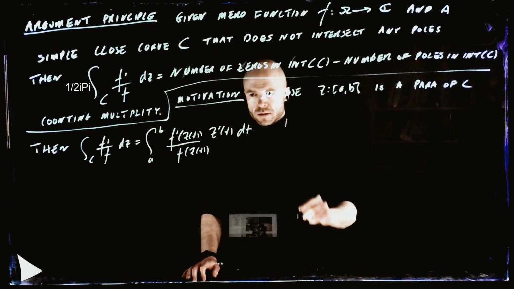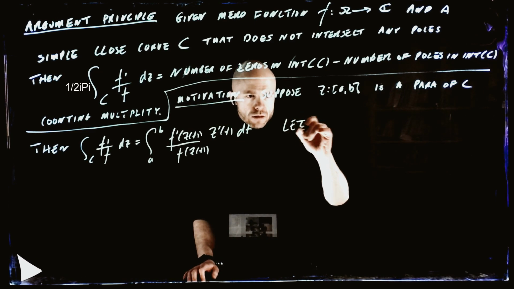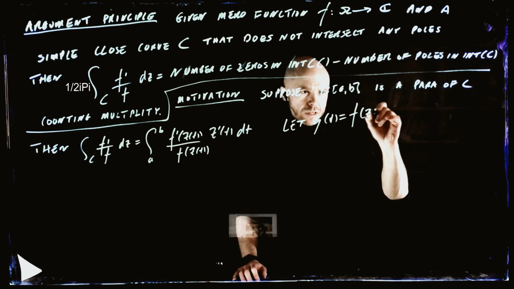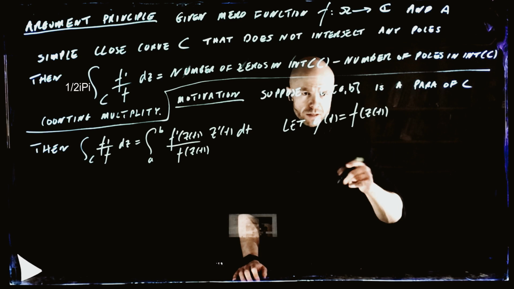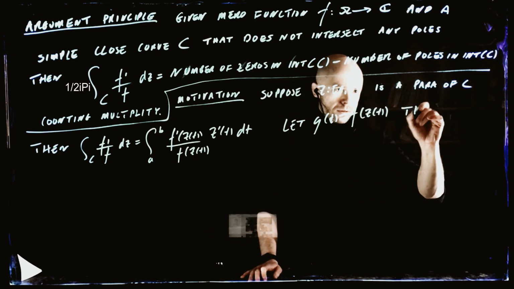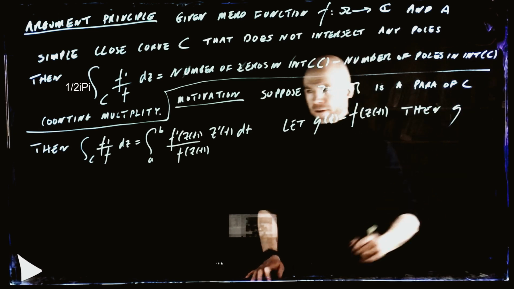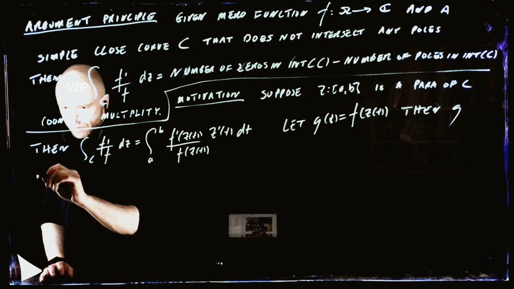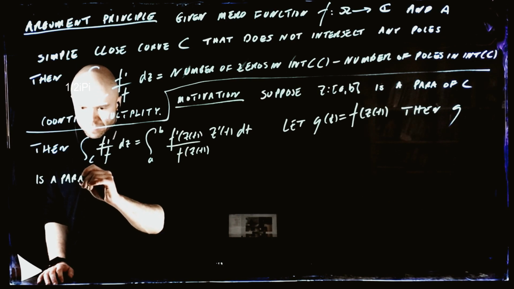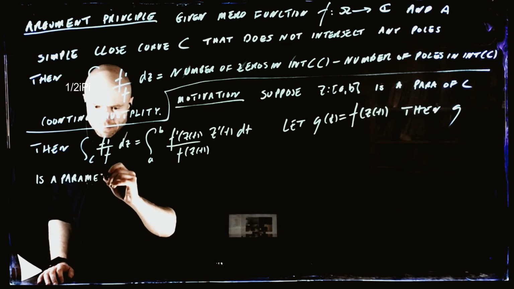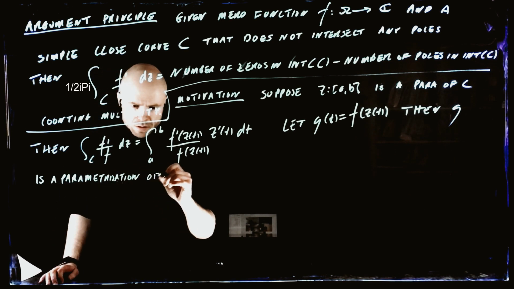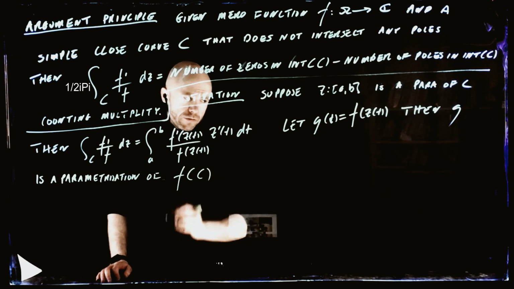And then let g of t be defined to be f of z of t. Then notice that g of t is a parameterization of the image of the curve C, of f of the curve, yeah?